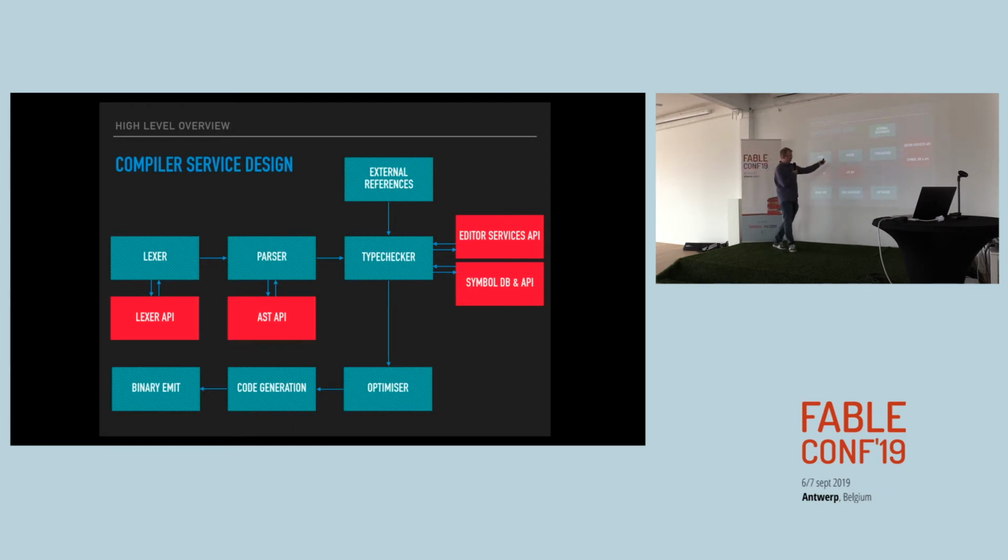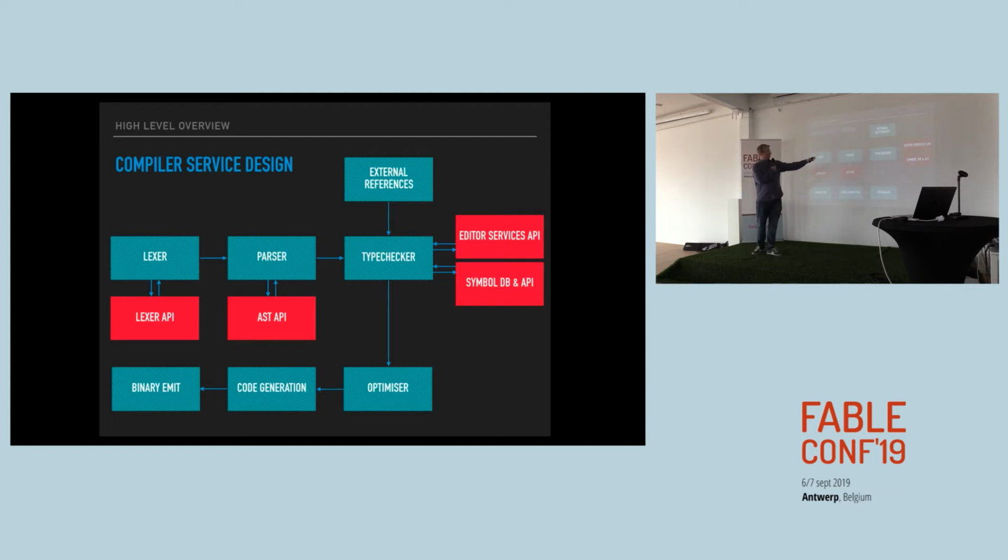The second part is the parser. Again, the parser is just a parser, but we have an abstract syntax tree on top of that. And the abstract syntax tree will be used for things like formatting. Thomas knows way more about that. And for things like validating the breakpoint position in Visual Studio. So when you put a breakpoint in Visual Studio, it actually checks if putting a breakpoint on this line makes sense, so that it's not just an opening bracket or something.